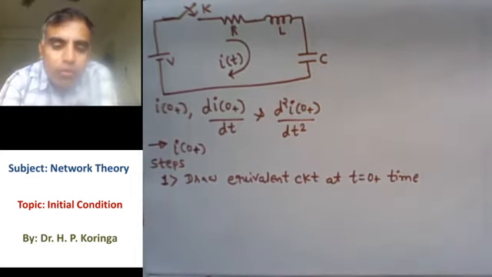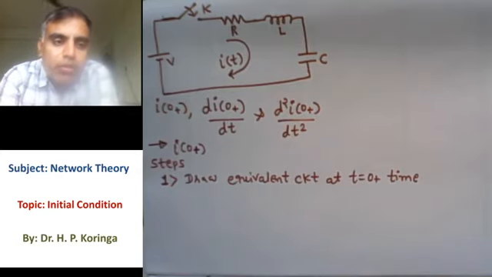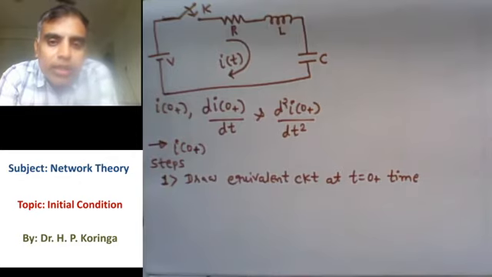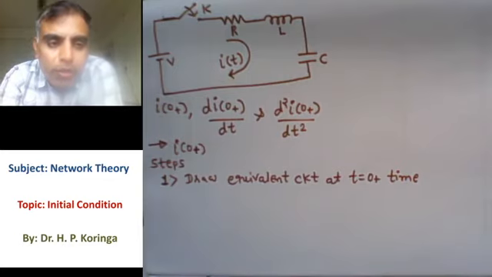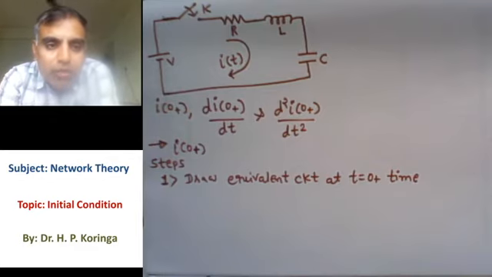We have to find I of 0 plus, so we draw the equivalent network at t equal to 0 plus by putting in the equivalent of the inductor, whether it is charged or uncharged, and the equivalent of the capacitor, whether it is charged or uncharged. So we have to replace all the components with their equivalent at 0 plus, from the previous table.